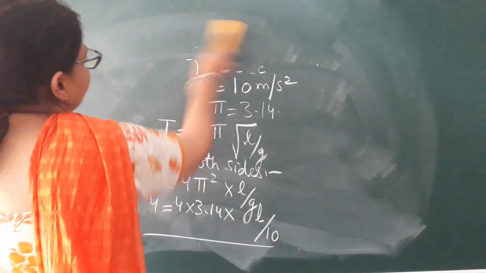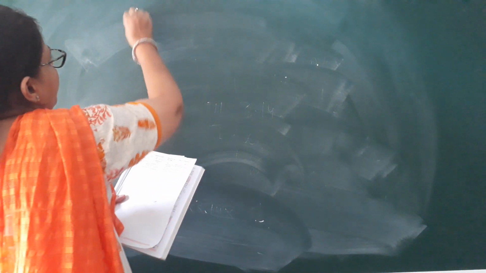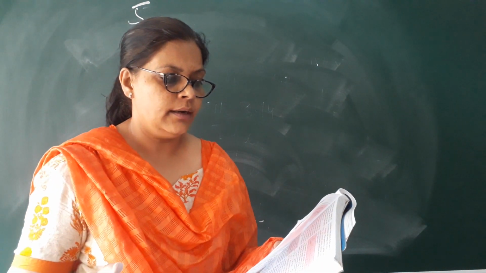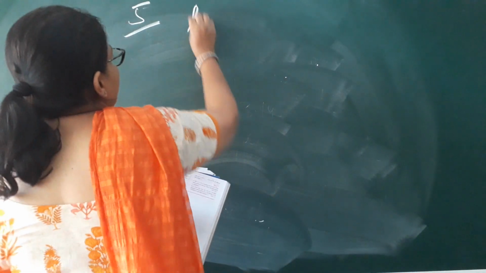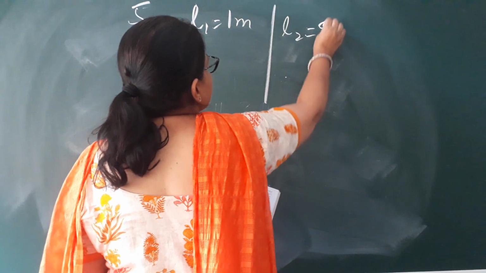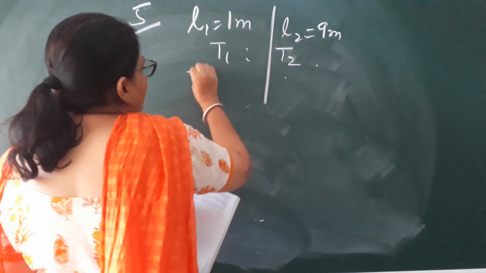Now we move to the fifth numerical. In the fifth numerical, you can see they have told you to compare the time periods of 2 pendulums, and the lengths are given to you. So let us suppose the length L1 is 1 meter and the length L2 is 9 meters. They have told us to compare T1 ratio T2. Now what is the relation?